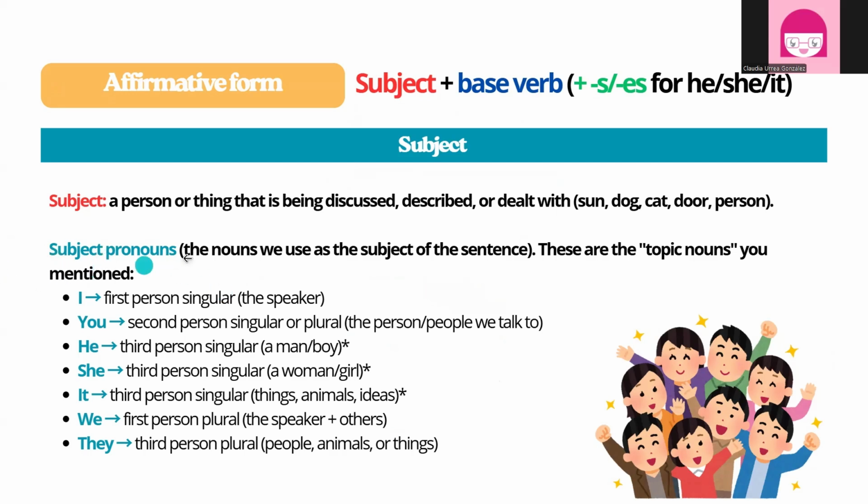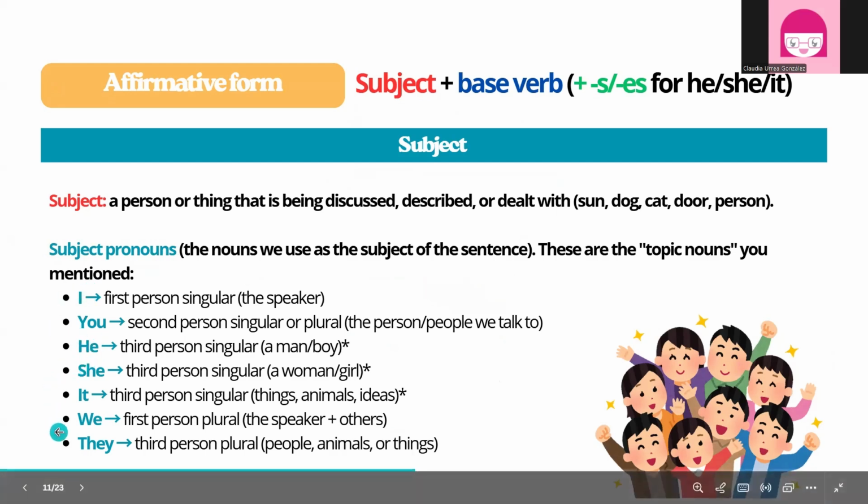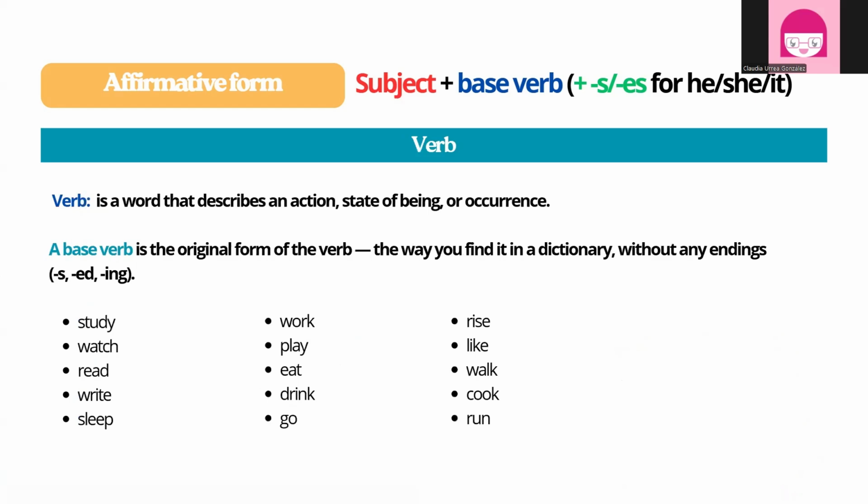Can you guess what those are? Yes, perfect. I, you, he, she, it, we, they. Those are the subject pronouns. Then what do we need here? The base verb. What are the base verbs?